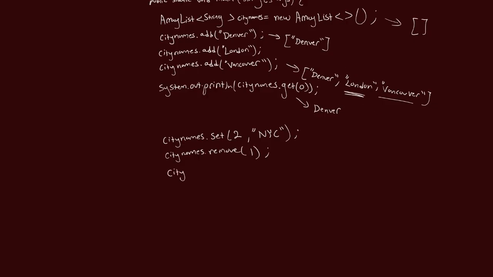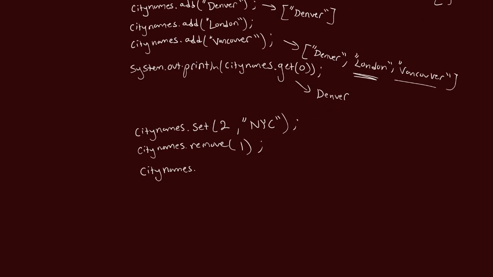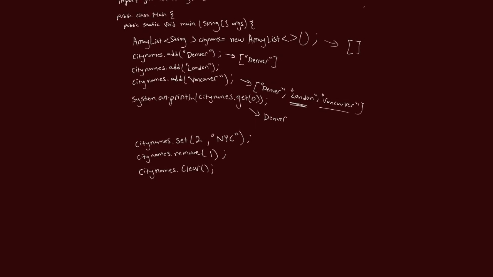I can also do cityNames.clear, and this pretty much deletes everything from my array list. Oh wait, my array list right now starts from here. So it's Denver, London, and then New York City. Then we remove London, and then we clear everything.